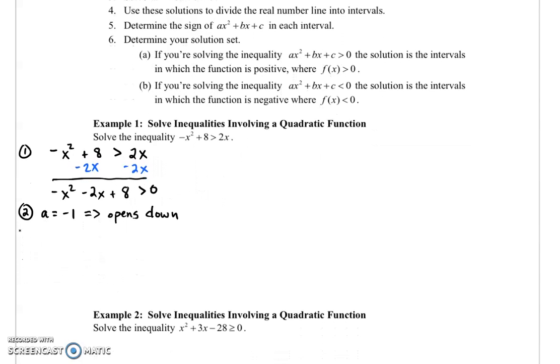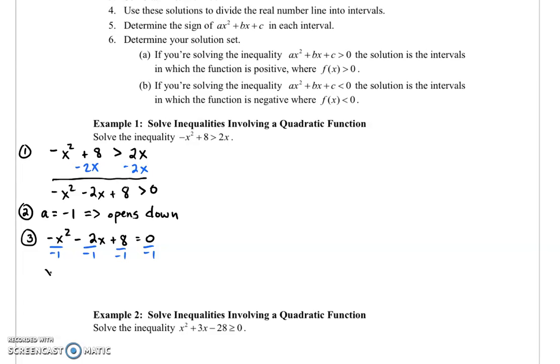Step 3, solve the equation negative x squared minus 2x plus 8 equals 0. First we'll divide everything by negative 1 just to make life easier.